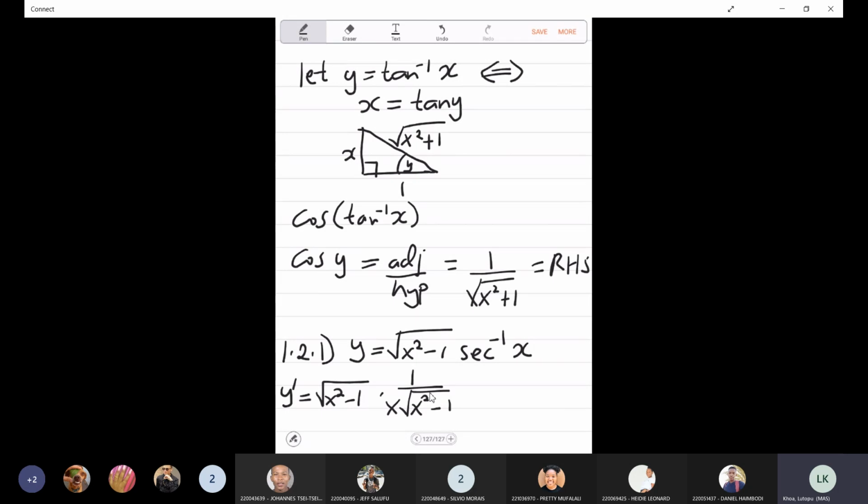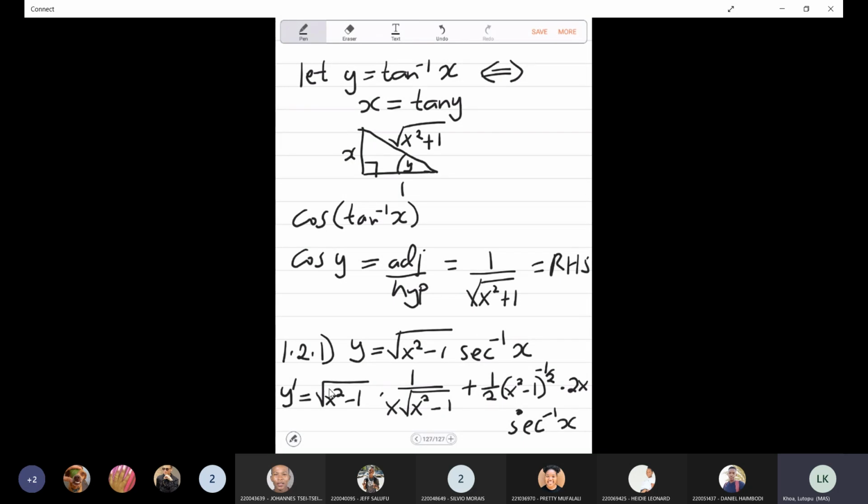Okay, so that's the first part. Then the second part, we differentiate this one here. So the half comes down. We have x squared minus 1 to the power of minus a half. And then we multiply by the derivative of what is inside the brackets, which is 2x. And then again, we multiply by the second function exactly the way that it is. So this is sec inverse of x.